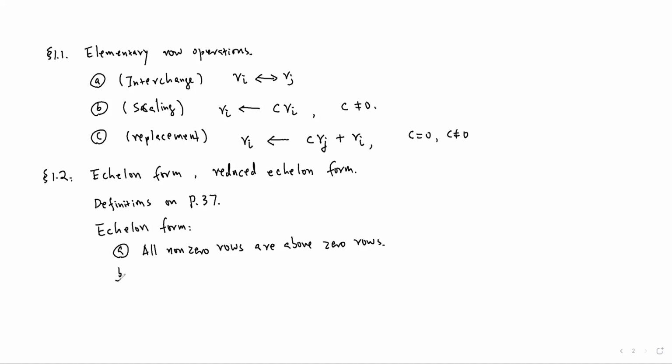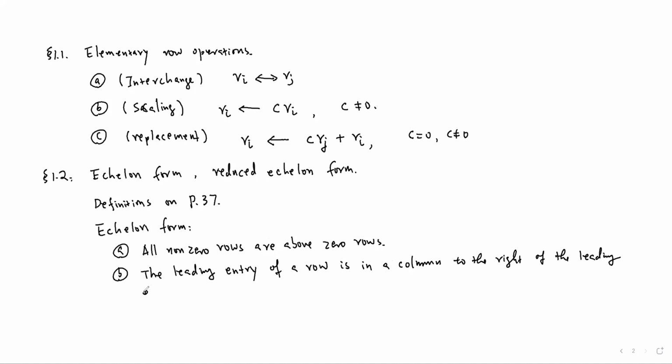Property 2: the leading entry of a row, that means from left to right the first non-zero entry is called the leading entry, is in a column to the right of the leading entry of the row above it.